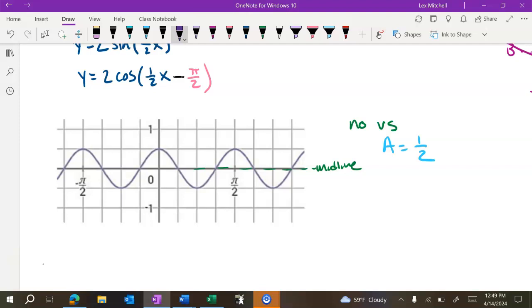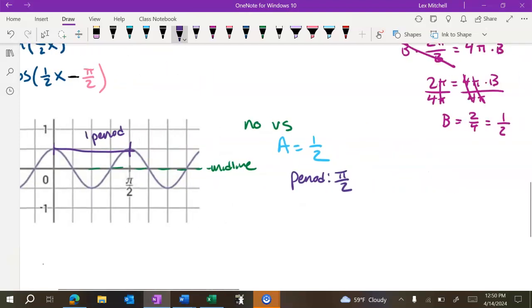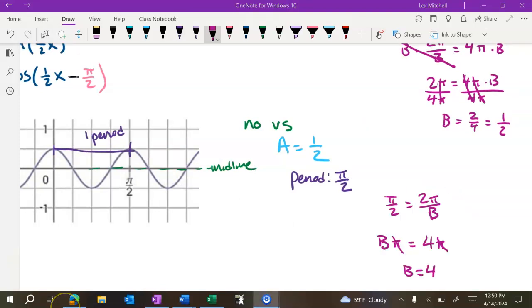So in order to find my period, I know it's between these two maximums. So I have a period of pi over 2. So once again, to find b, I'm going to set pi over 2 equal to 2 pi over b. So when I set that equal, I'm going to cross multiply 2 times pi to get 4 pi, pi times b to get b pi, divide both sides by pi, and I get that b equals 4.